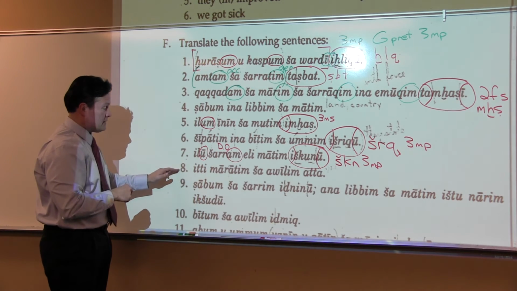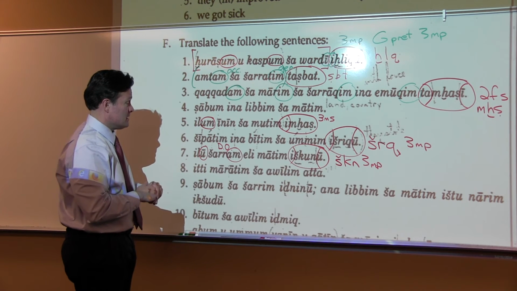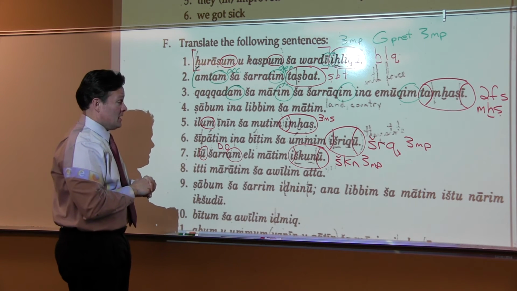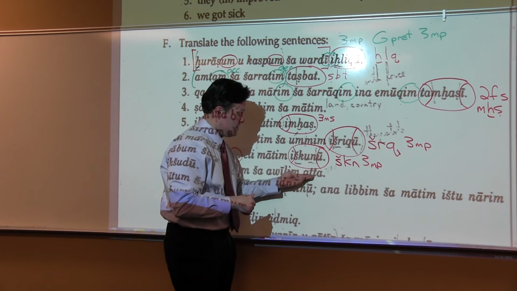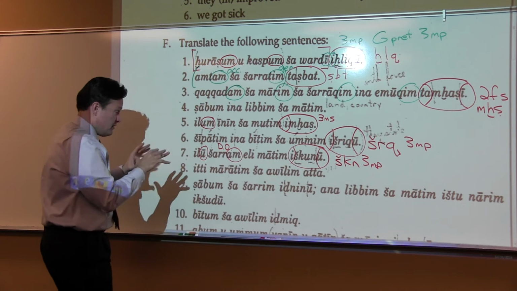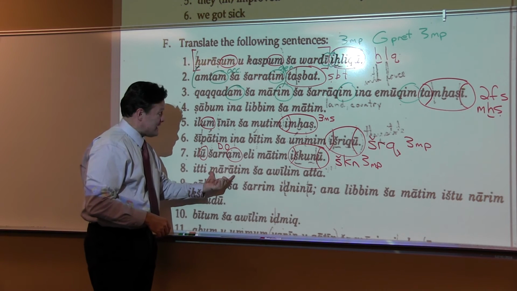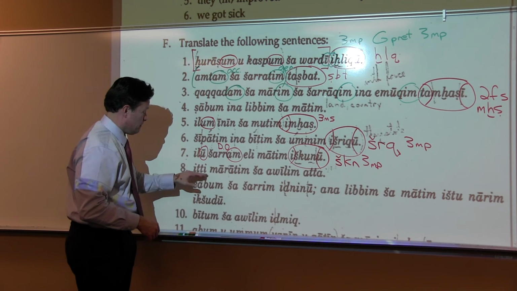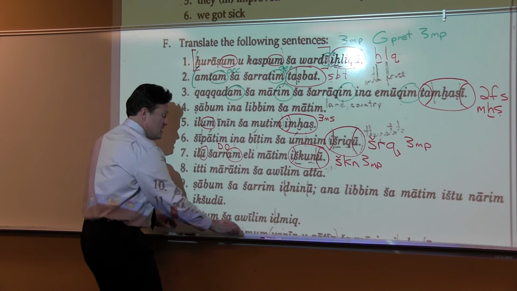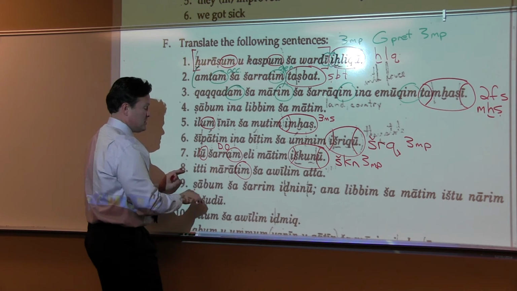Now number 8, iti maritim sha awilim ata. Now we don't have a verb because the last word in this string of words is you. Maritim is the word for daughters. It's plural. It has the genitive case because it comes after a preposition.